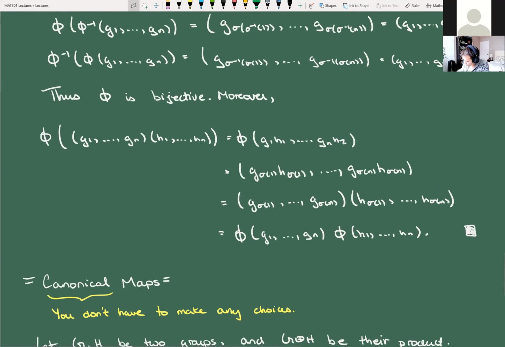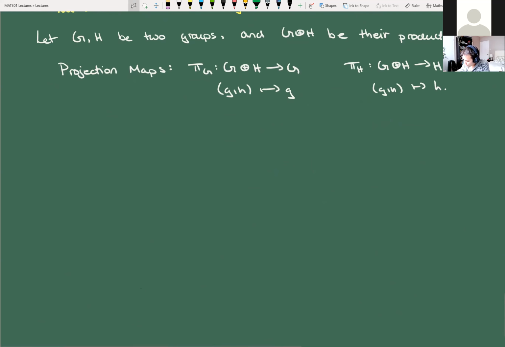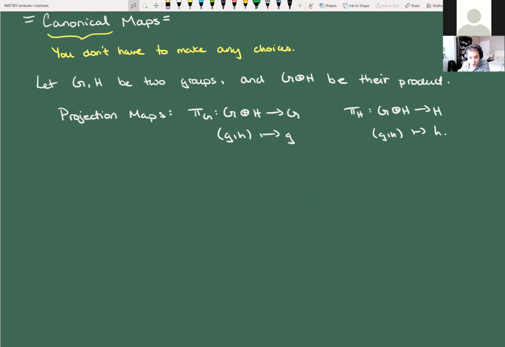These projection maps are canonical. There's no choice involved. If I'm going to map (g, h) to g, that's the only thing I could have done. Note as well, both of them are homomorphisms. In fact, both are surjective homomorphisms.